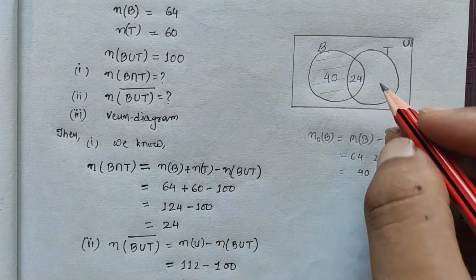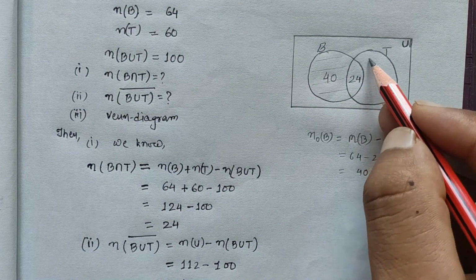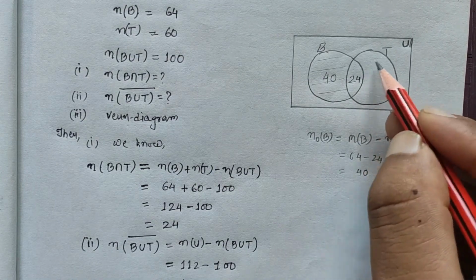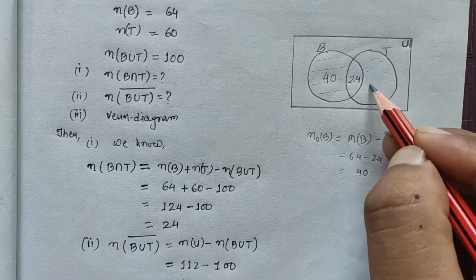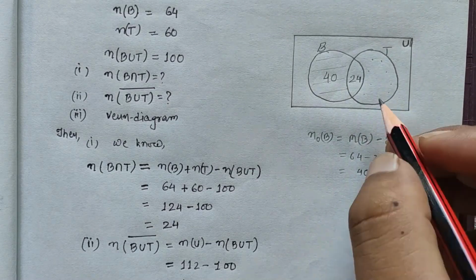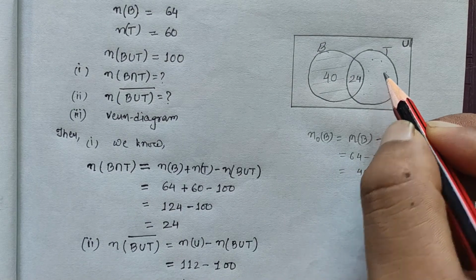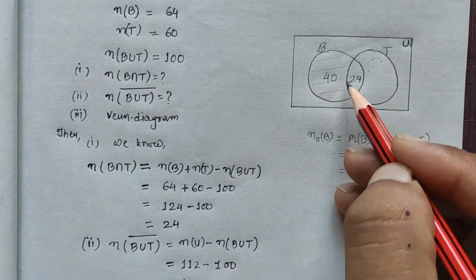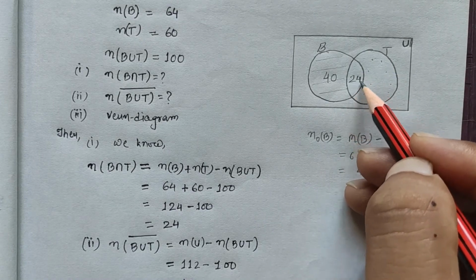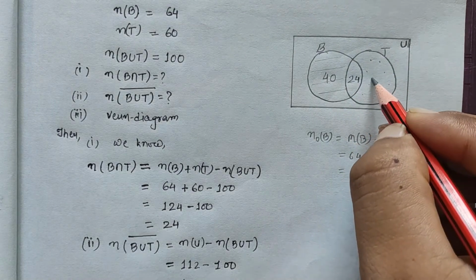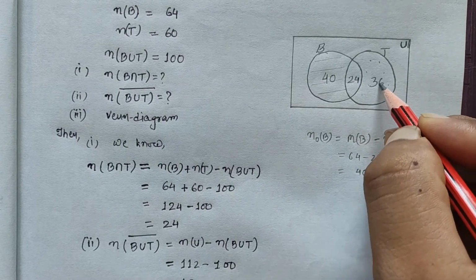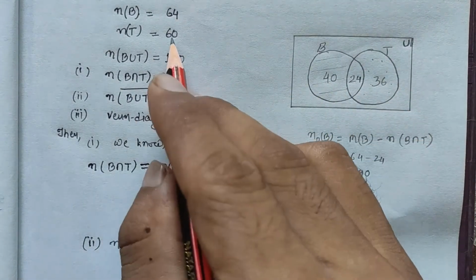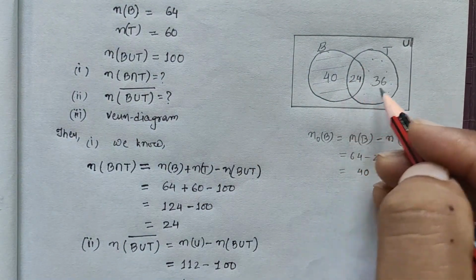And how much is this one? This part is only T. So how much is only T? The total T is 60 and 24 is already here, so 60 minus 24 is 36. Because when you add these two, it must be 60, since n(T) is 60.